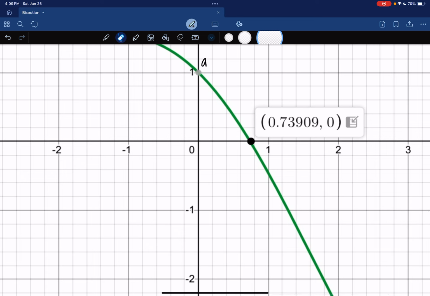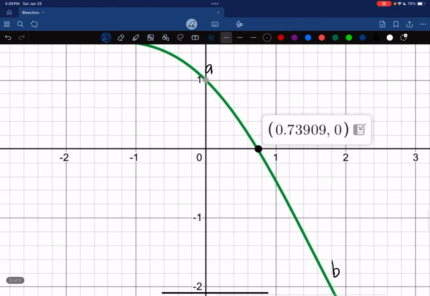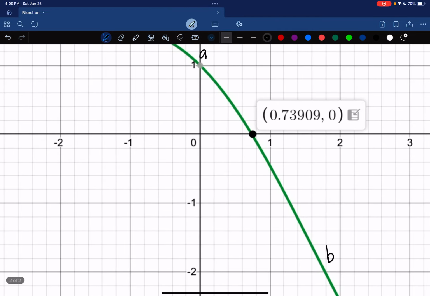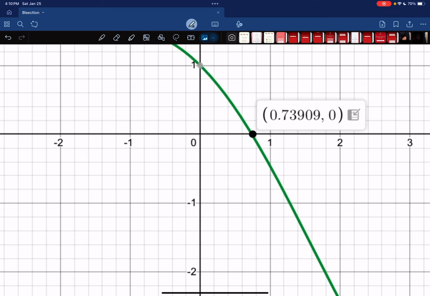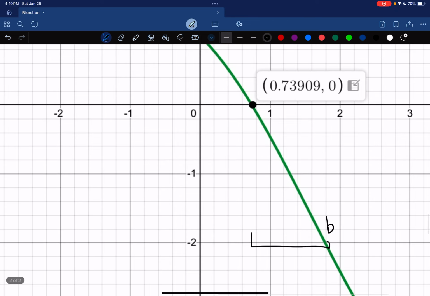So if this is my A and this is my B, okay, what is the maximum error I get here? Okay, the maximum error is obviously this. Because if I choose B or A, then like if I say B is my answer, then the error I have is whatever this distance is, right?